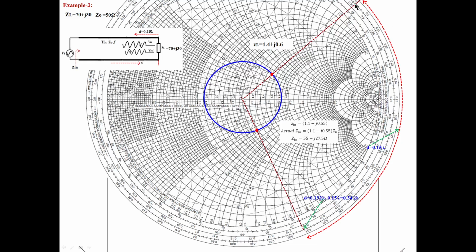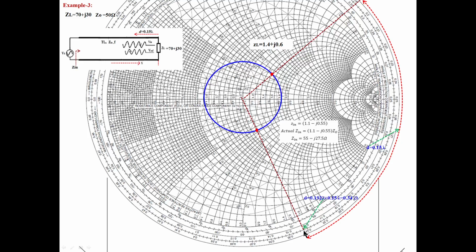From the load, you should move the given distance and stop where it cuts. 0.15 means 15 divisions we can move; you can count 1, 2, 3 like that. Or to the previous reading, you add the value of how much you have to move, and we will get the final value where we have to stop.